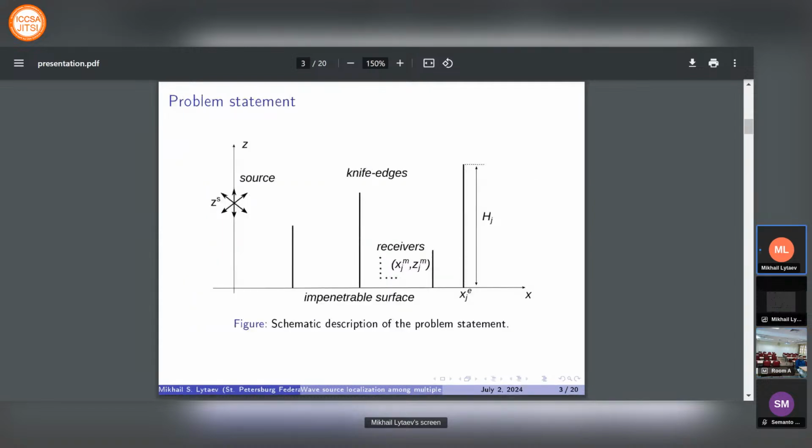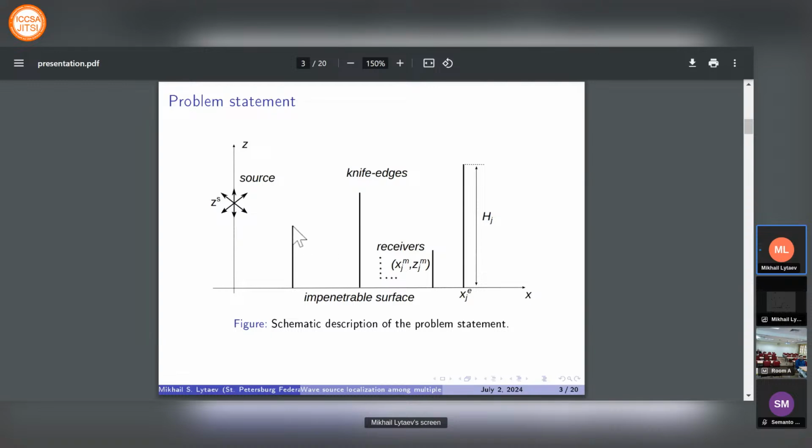Let's start with the schematic problem statement. We have several thin vertical impediments called knife edges. They are impenetrable for the waves, as well as we have the impenetrable underlying surface.